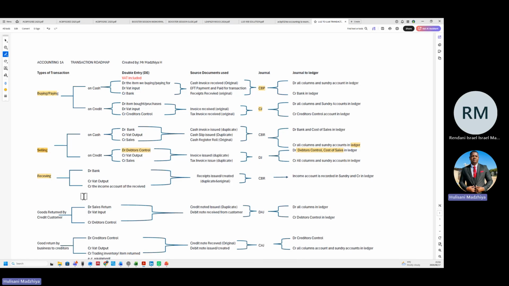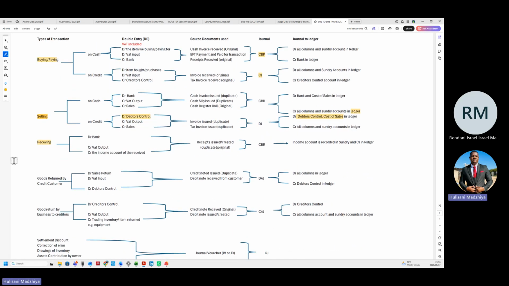Then after receiving, we have what we call goods returned by credit customer. When a customer who bought goods from us returns the goods or part of the goods that he bought, we normally create or issue a credit note ourselves, and issue it to the customer.